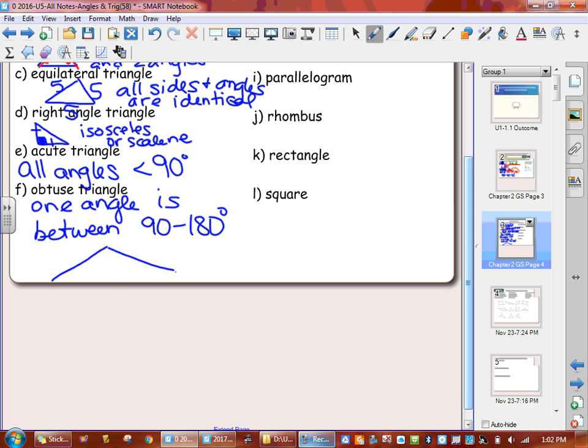You've got one big one, and then the two in the corner are tiny acute angles. So your one angle is between 90 and 180. You can't go over 180 because if it does, it's no longer a triangle, it's a straight line. All right, I'll give you a minute to write that down, and then we're going to go to the top of the next column.